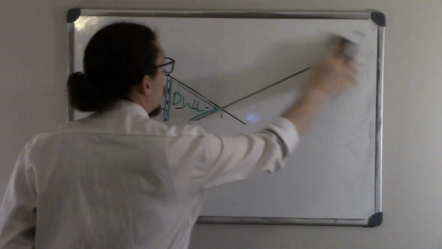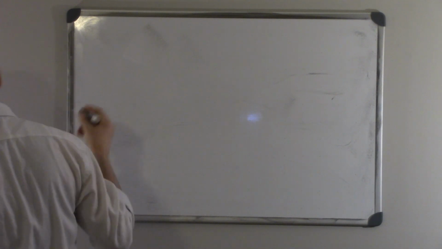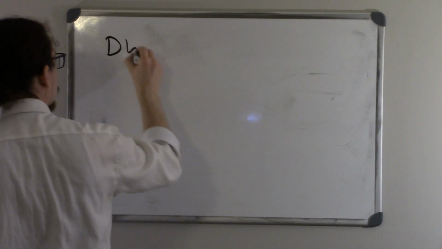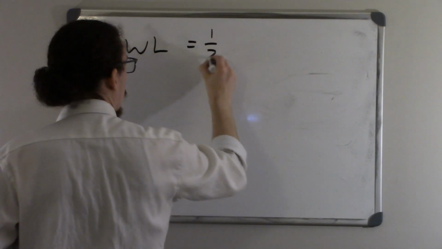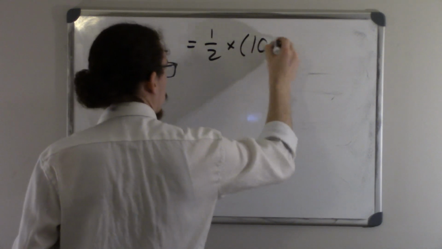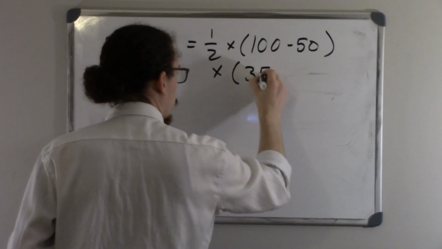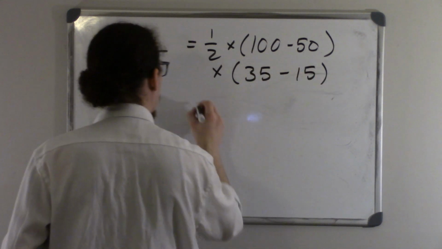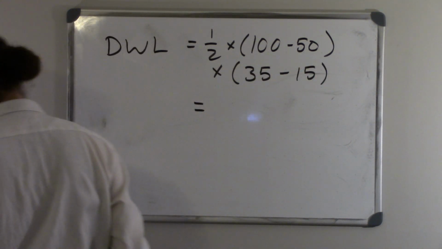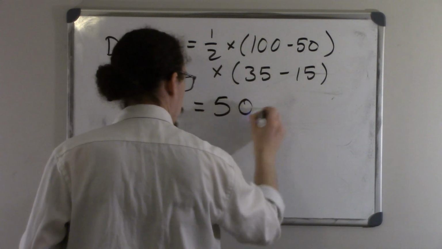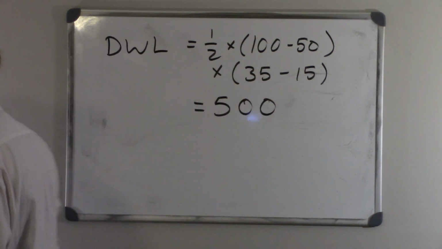So we can just do that calculation. 1/2 times 100 minus 50 times 35 minus 15, and our deadweight loss equals 500.